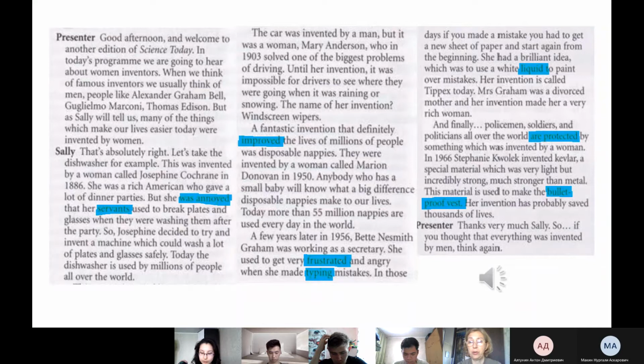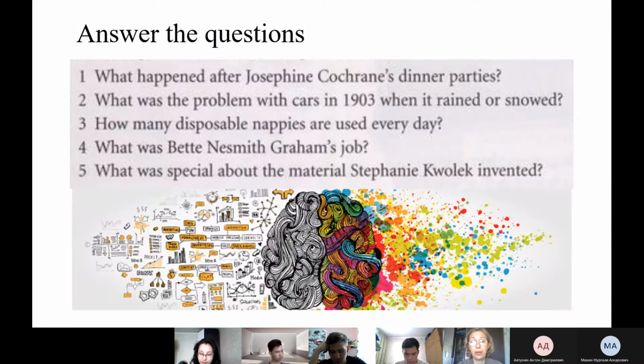What does it say about the material? Invented a special material which was very light but incredibly strong, much stronger than metal. Yes, exactly. Used to make a bulletproof vest. Yes, you're right. So light but stronger than metal. Okay.